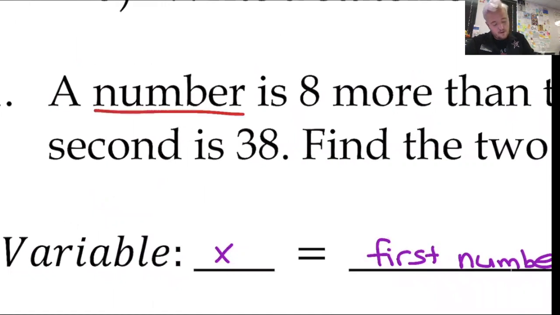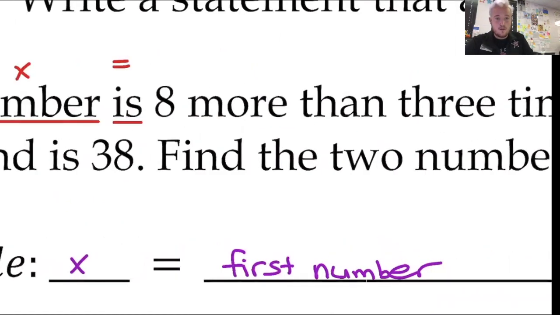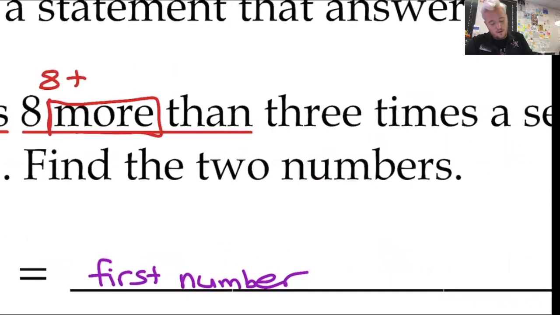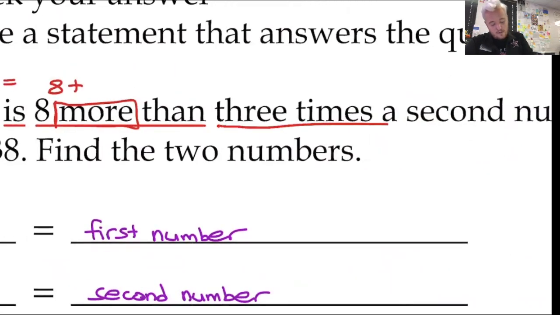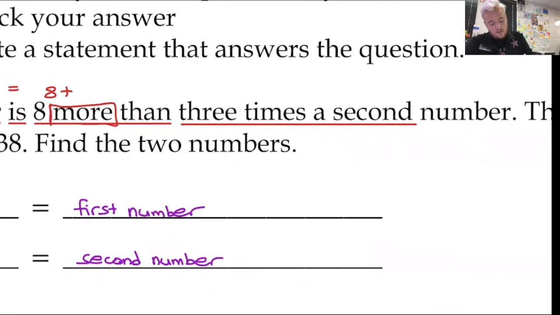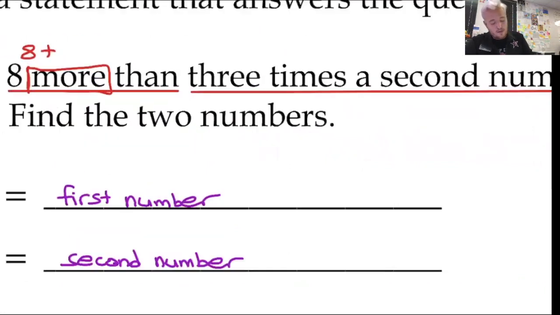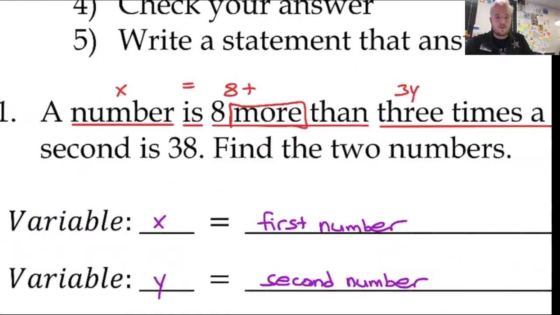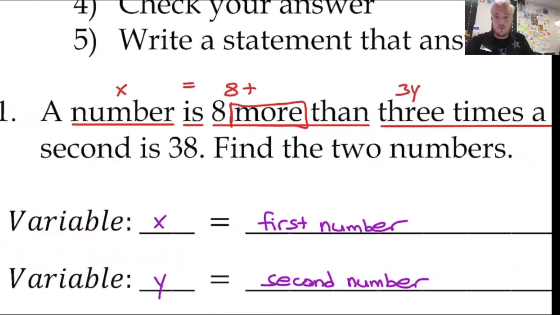But here, I'm going to say a number, say x, is, which translates to equal. Then 8 more than. Anytime you see more, that's an indicator for addition. So 8 more than 3 times a second number. I'm going to use the other variable. So 3 times the second number means 3y. So my first equation here is going to be x equals 8 plus 3y.